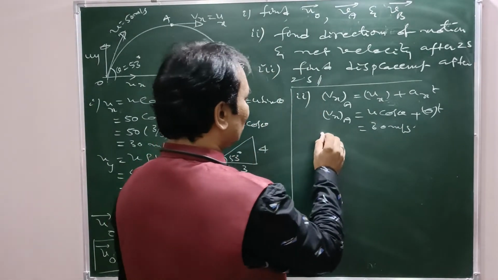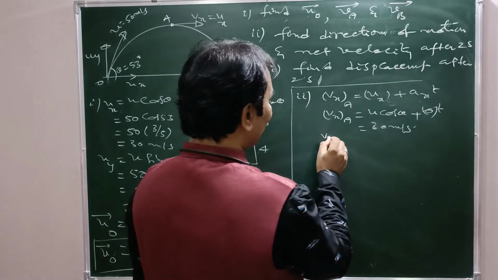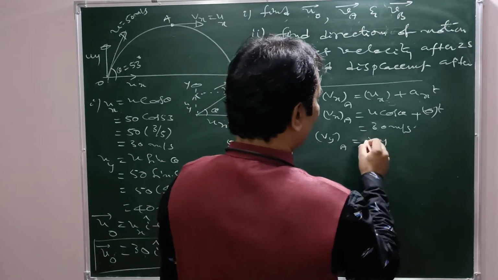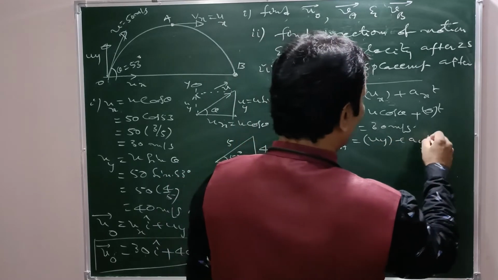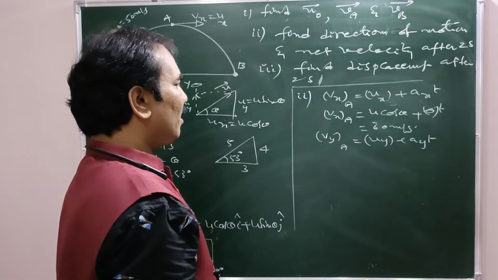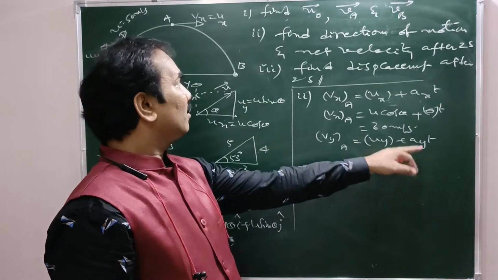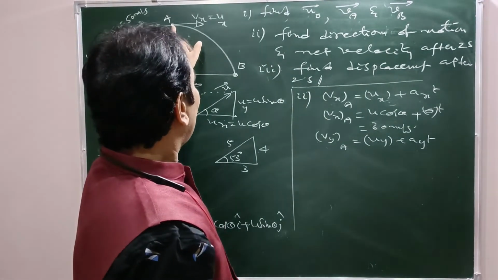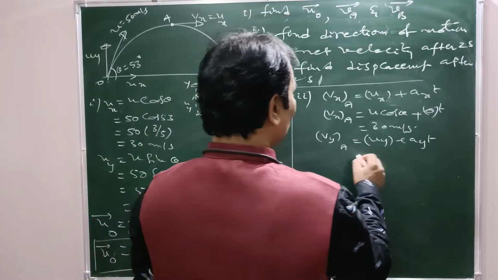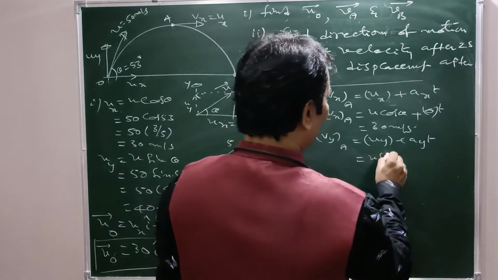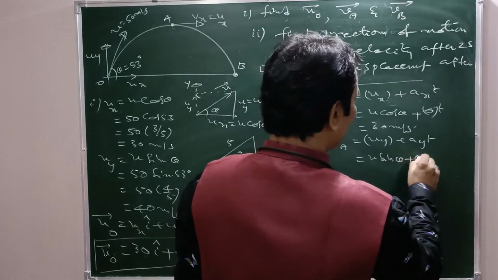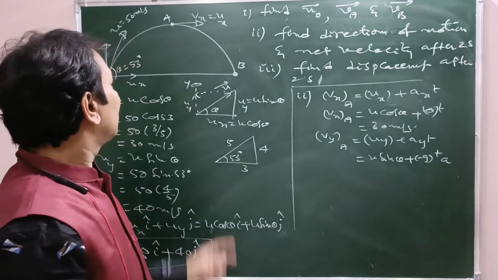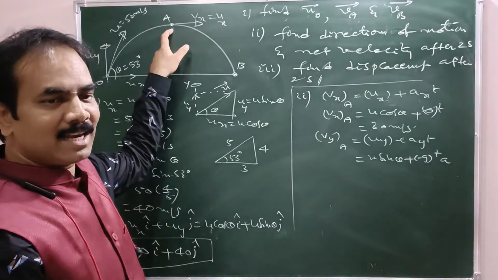Now what about the vertical component of velocity at A? Vy at A equals uy plus ay into t. Here the vertical velocity becomes 0 at the end of ascent. So uy is u sin theta, ay is minus g, and t is ta, the time of ascent.